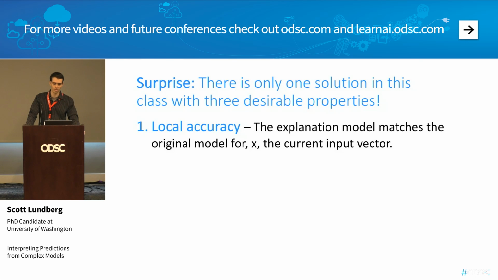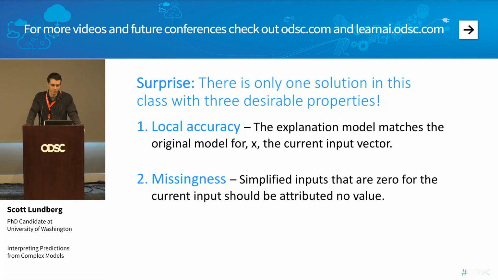So it's only natural that it would divide up the output of the model for your current x, such that your features sum to equal that output. In other words, the explanation should match the original model for your current input. So if I want to be accurate near my current input, I should at least be right for my current input. I may become less accurate as I move away from it, but I should at least equal it at that point. Okay? That's local accuracy.